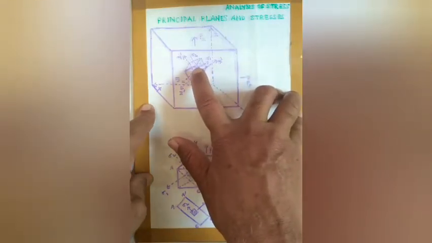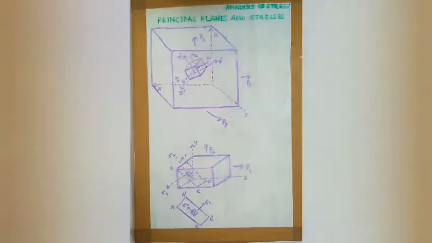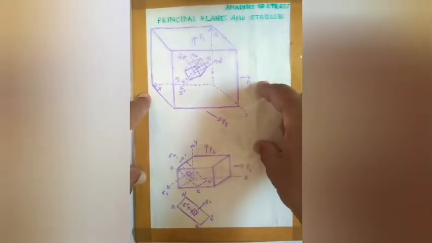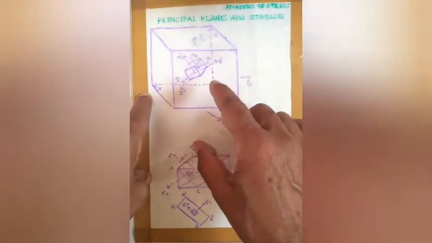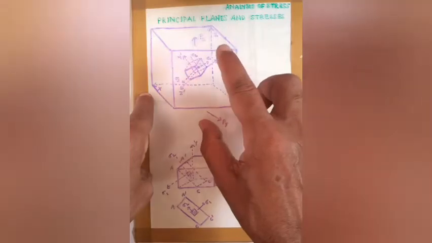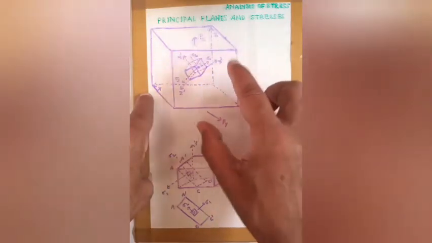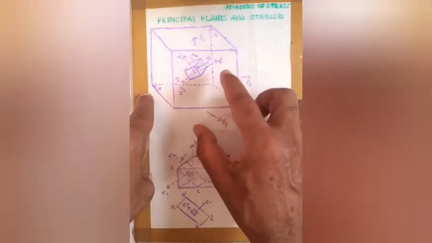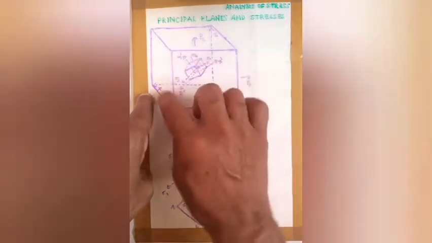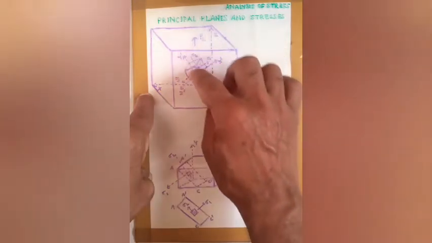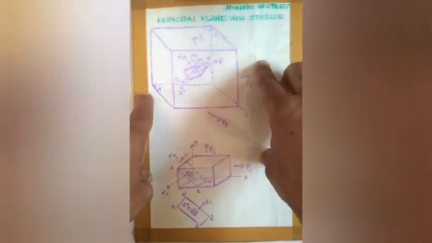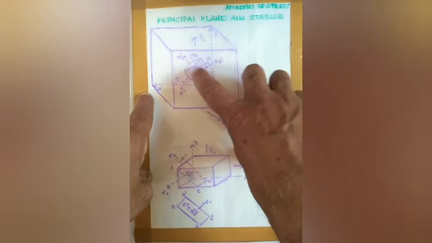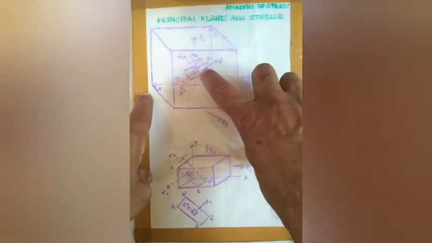This maximum stress depends upon its orientation, as we have seen in the case of plane stress system. So the planes which carry the largest normal stress are called principal planes, and the largest of the three stresses, sigma 1, sigma 2 and sigma 3, which are acting along x dash, y dash, z dash direction, is called major principal stress, and the minimum of these three stresses is called the minor principal stress.